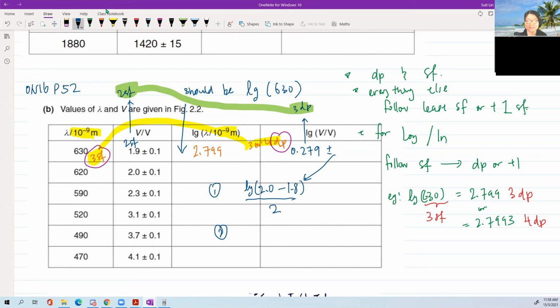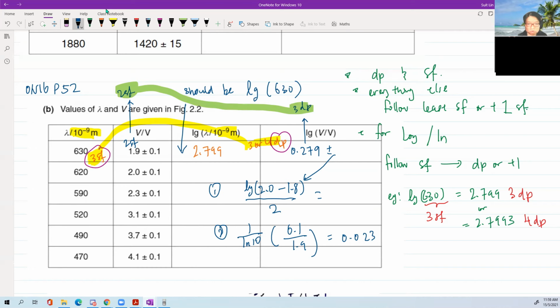Option 2, use the identity: 1 over ln 10, times 0.1 over 1.9. It means the answer is the same. I press 1 over ln 10, divide by 1.9. I'm just going to take 1 SF, but I can take another one just for comparison purposes.